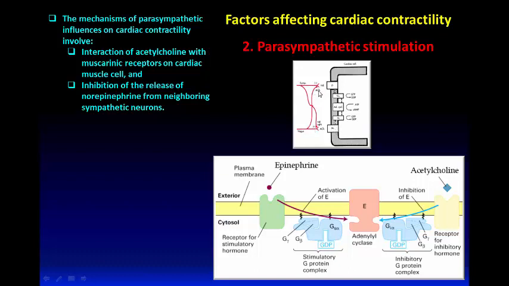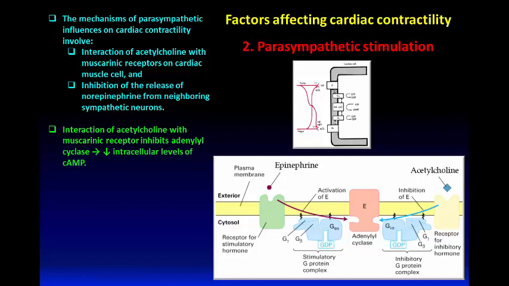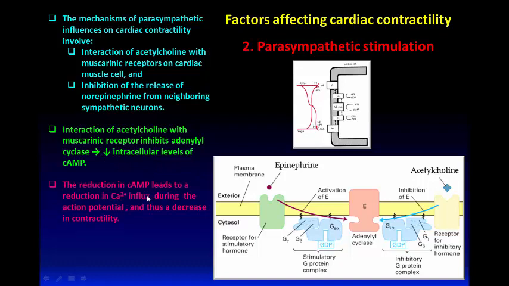Also here we have the vagus releasing acetylcholine, and this acetylcholine inhibits the release of norepinephrine from the neighboring sympathetic neurons. When acetylcholine binds to its muscarinic receptors on the cardiac muscle cells, this interaction inhibits the enzyme adenylyl cyclase, resulting in a decrease in the intracellular levels of cyclic adenosine monophosphate, and the reduction in the cyclic adenosine monophosphate levels leads to a reduction in the calcium influx during the action potential, and thus a decrease in contractility.